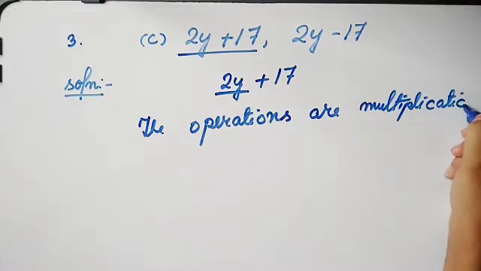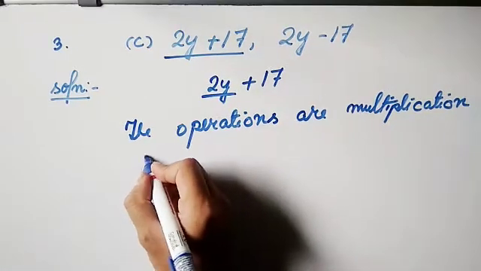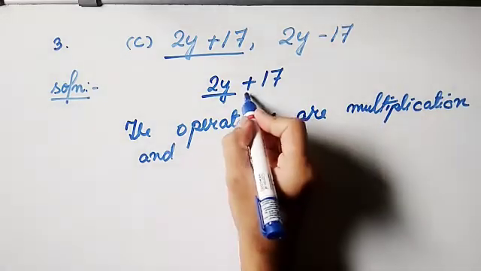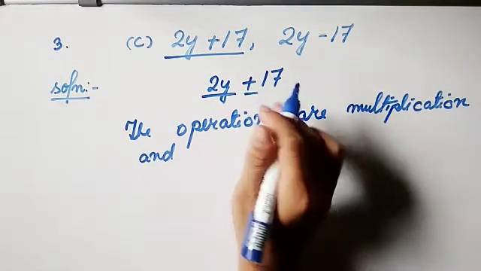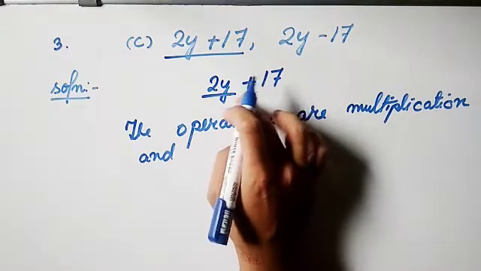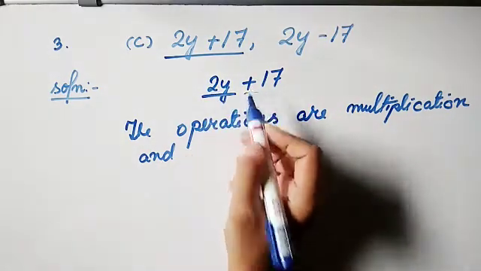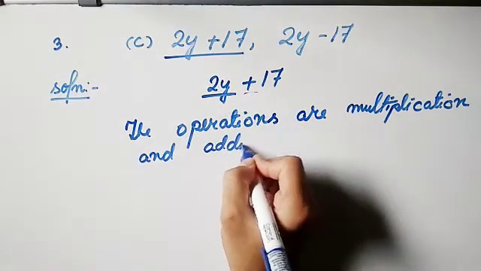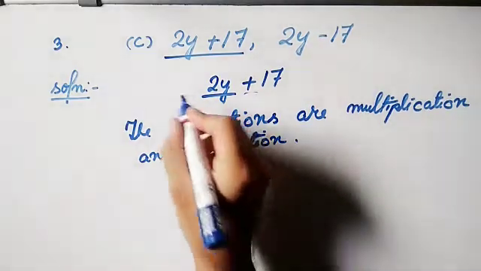And here there is also one more operation, right? And this operation is addition. So the operations are here multiplication and here addition, right? So two kinds of operations are used in this expression.